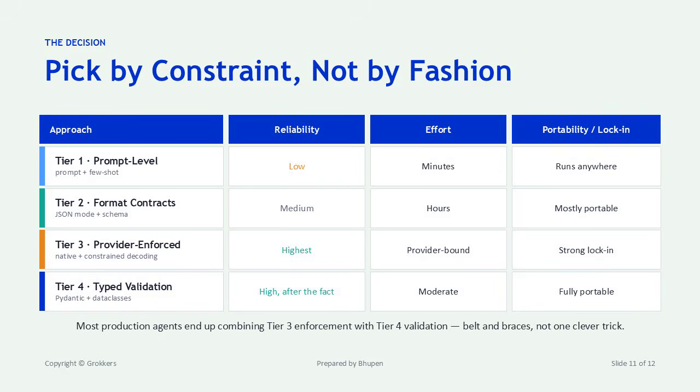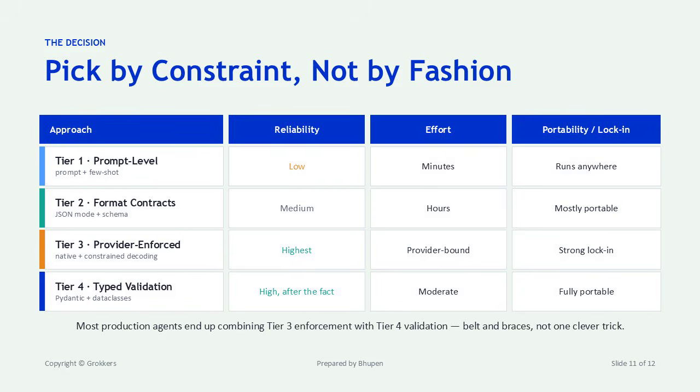Tier 2 asks for a few hours and buys you a real contract with reasonable portability across providers. Tier 3 gives you the strongest guarantee available and charges for it in lock-in, tying you to a specific provider's implementation. Tier 4 is fully portable because it's just your own Python, and its reliability is high but retrospective. It catches problems rather than preventing them.